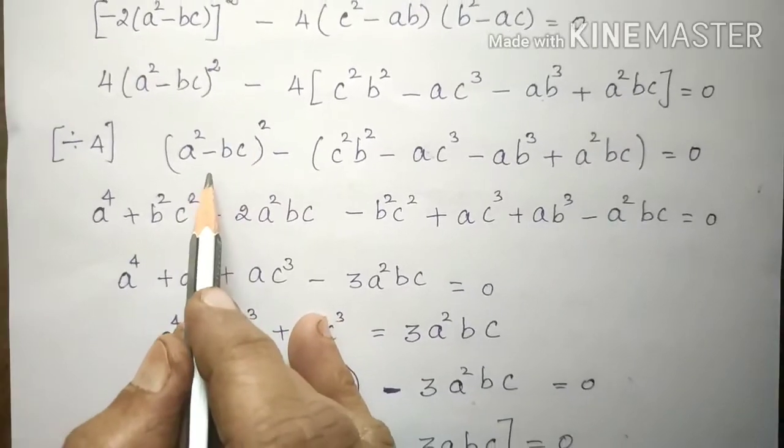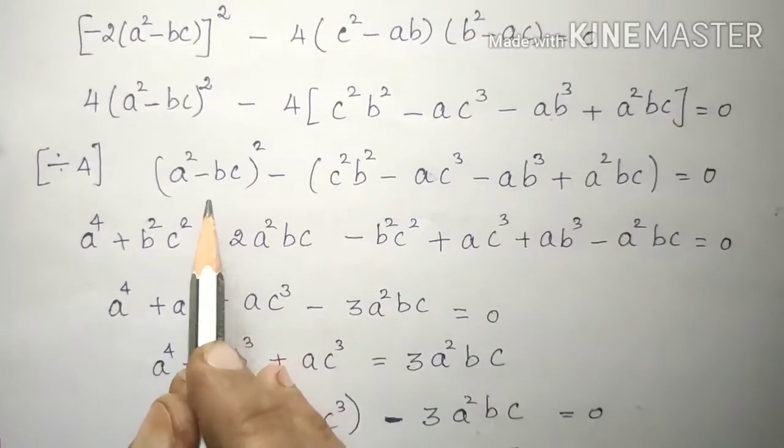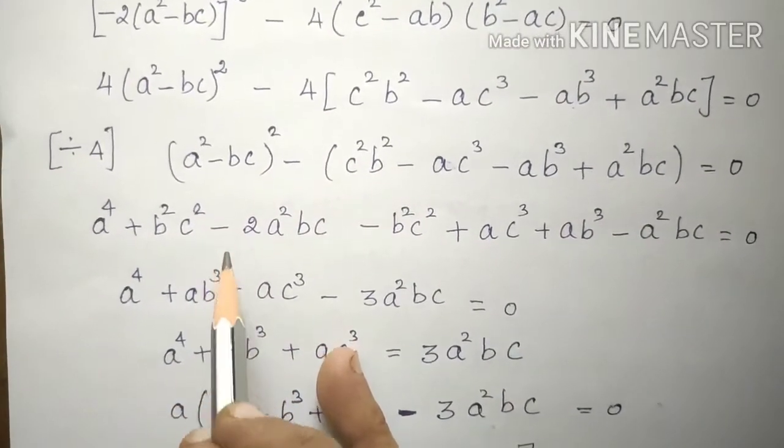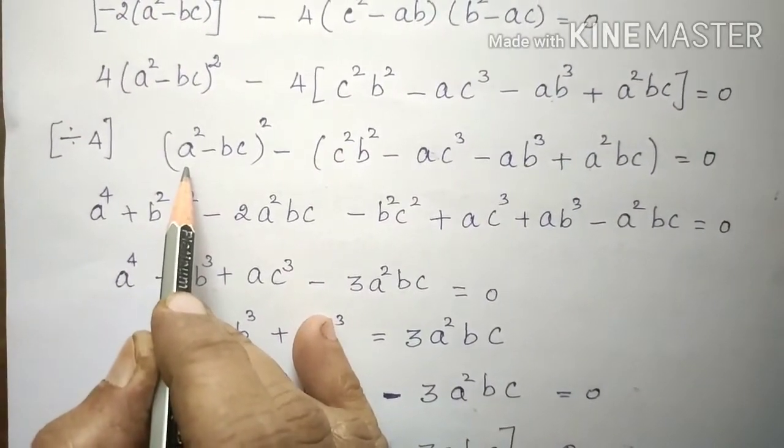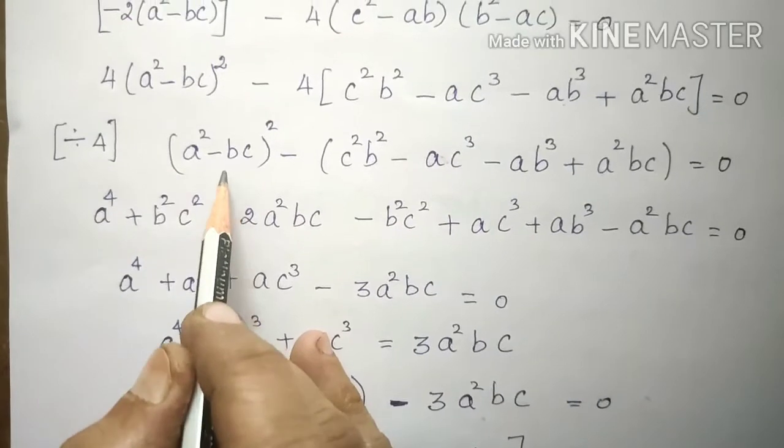We know the formula for (a minus b) whole square is a squared plus b squared minus 2ab. Here in the a place we have a squared, and in the b place we have bc.